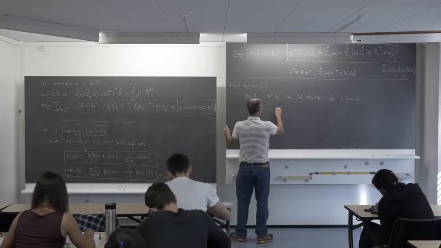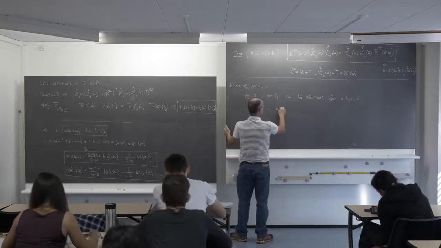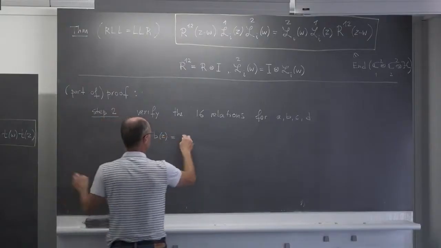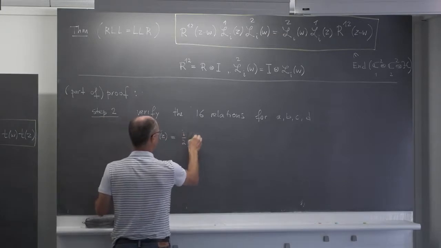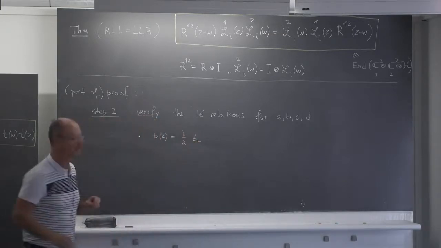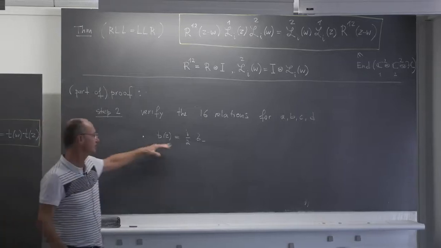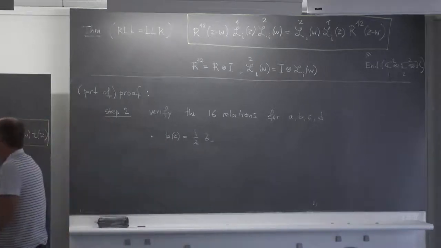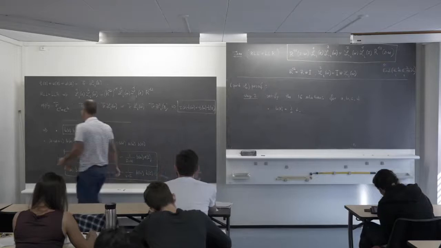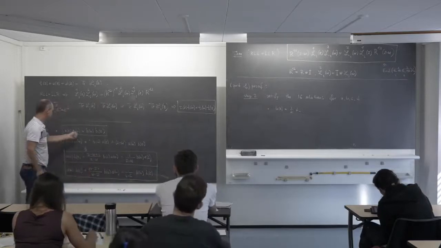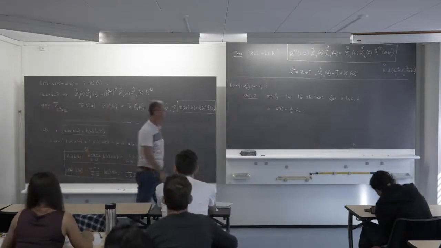Let me recall that, for instance, B of z is I over 2 sigma minus. So actually, it does not depend on z. Now, we need to verify the relations. So one of those relations is B of z commutes with B of w.